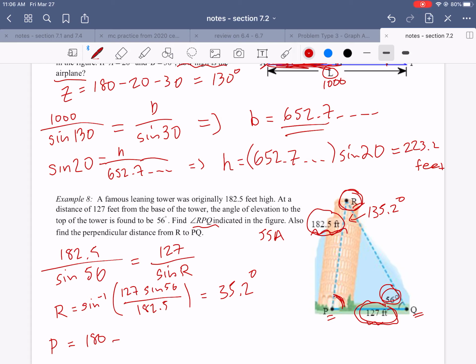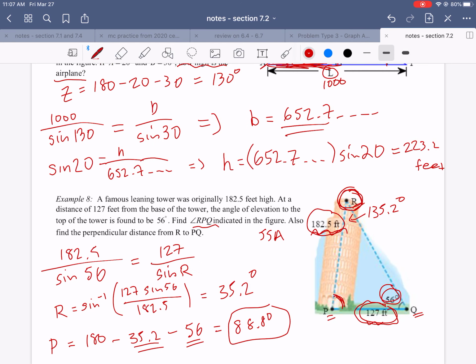So 180 minus 35.2, subtracting the given angle, which was 56, is going to give us 88.8 degrees when rounded to the nearest tenth. Okay, so that is how to find angle RPQ that's indicated in the figure. You've got to find angle R here first, and then subtract that angle minus the given angle of 56 from 180 in order to find angle P.